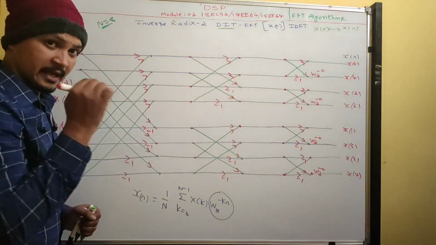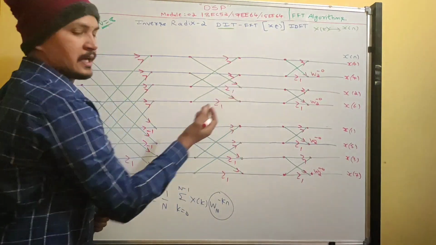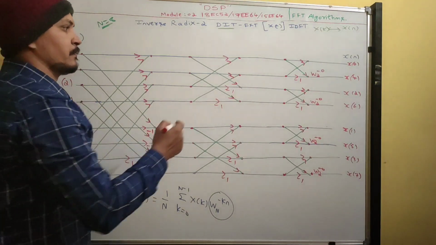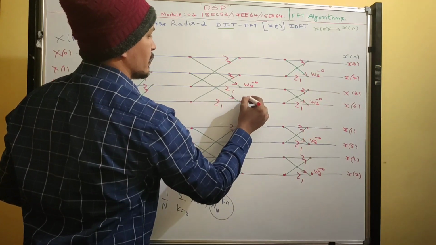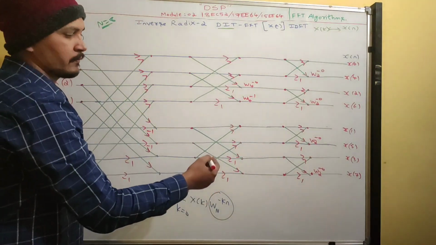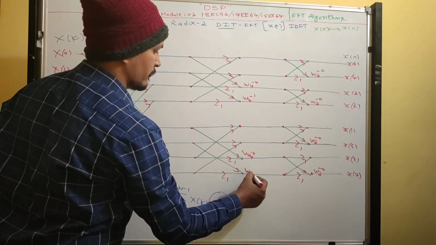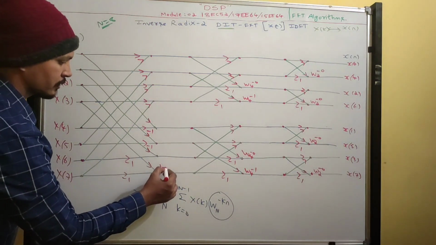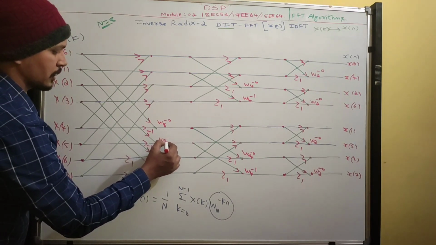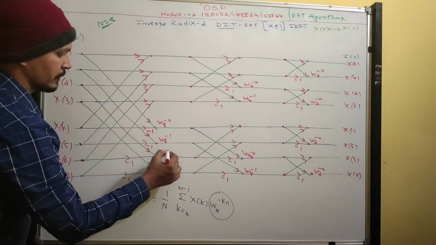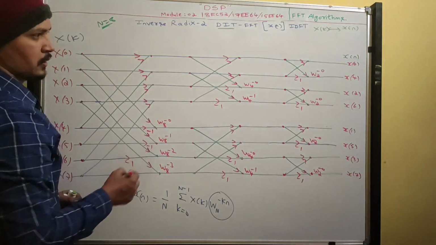In the line where minus 1 is there, only there you write the twiddle factor, but you should write it outside the butterfly. So next, W4 power minus 0 and W4 power minus 1. Start from here: W8 to the power of minus 0, W8 power minus 1, W8 power minus 2, W8 power minus 3. Okay, got it?